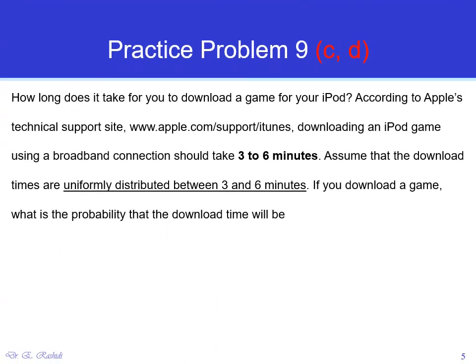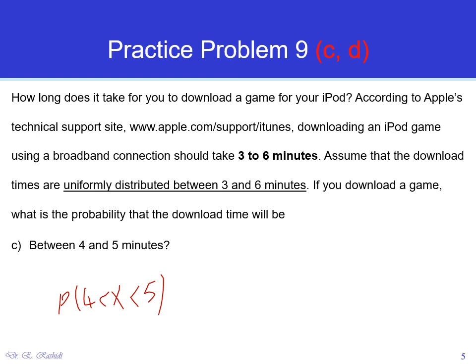Next question. What is the probability that the download time will be between 4 and 5 minutes? So please pause, work on this problem, and then come back to see the solution. All right, let's see the solution. So here we are looking for the probability that x is between 4 and 5. Again, you can plot this distribution and find the area of the rectangle between 4 and 5.